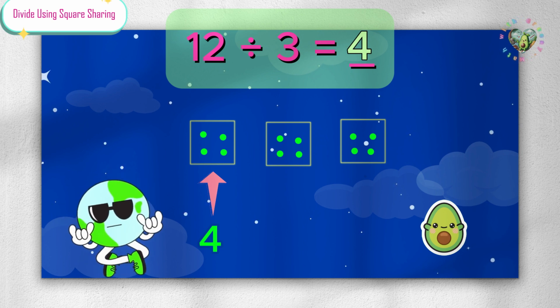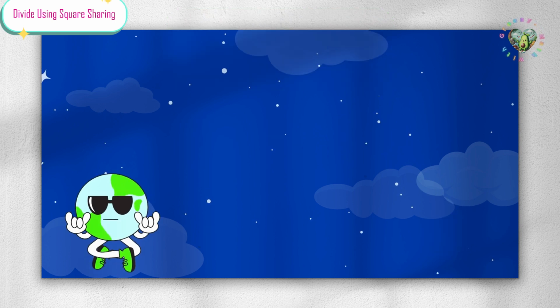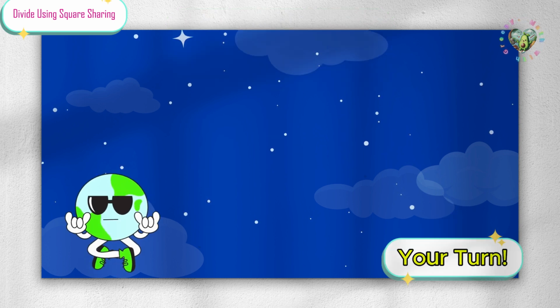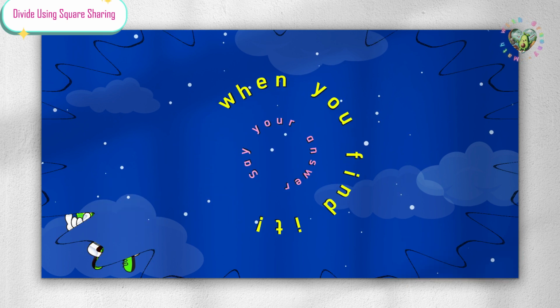Awesome work, Greenie. You're really getting it. Now it's time to try some on your own. Questions will pop up, and you can take your time to work them out. Just say your answer when you find it. Got it!